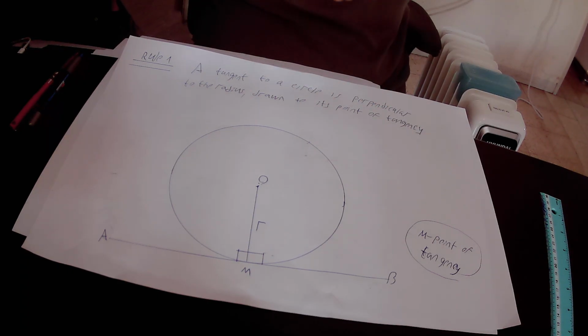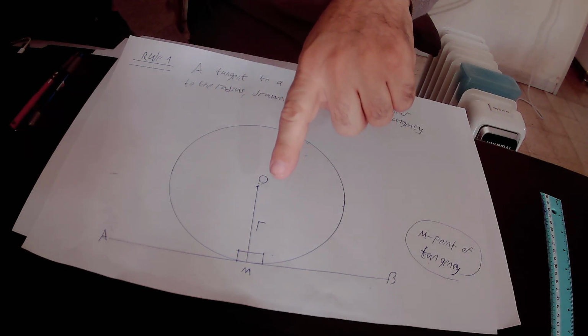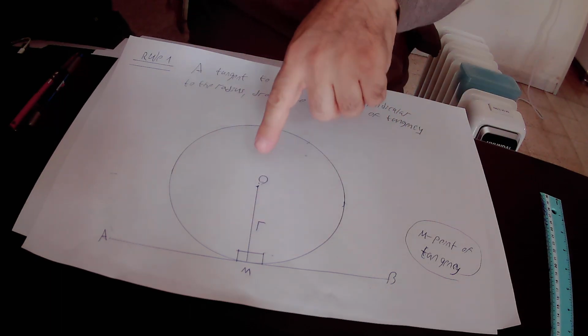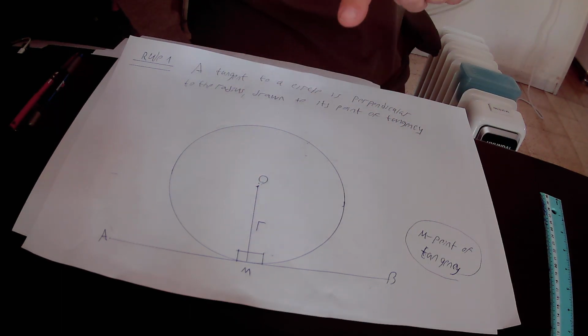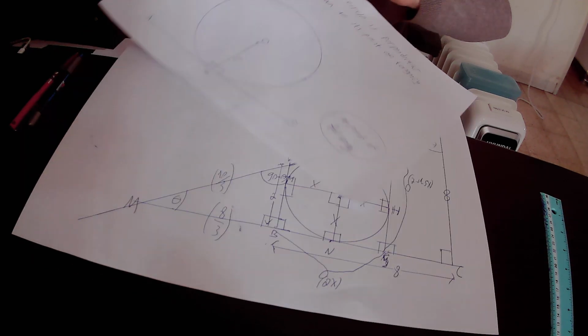Whenever you have a radius that is drawn to the point of tangency, then tangent AB will be perpendicular to the radius OM. If AB is perpendicular to OM, then this angle equals 90 degrees and this angle equals 90 degrees according to rule number 1. This is rule number 1. So we implemented rule number 1 in our drawing.